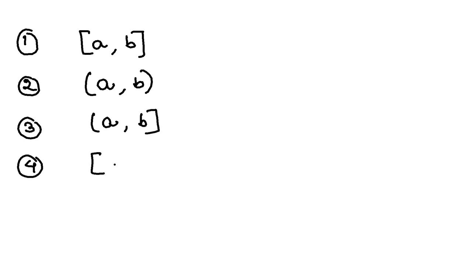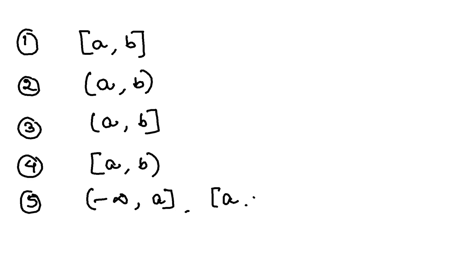Semi closed like this, now b is excluded, a is included. And these are the examples of semi open intervals. You can also have a open also, no problem. I can write like this also, no issues.